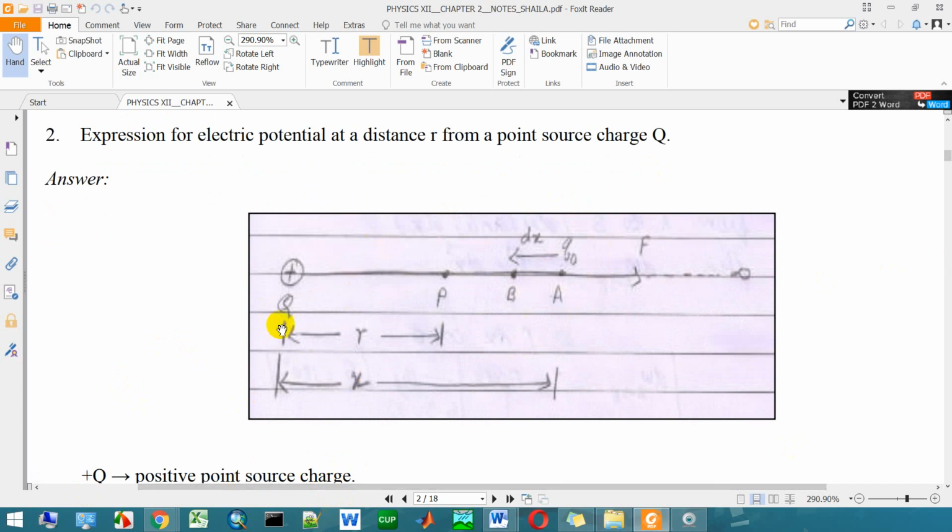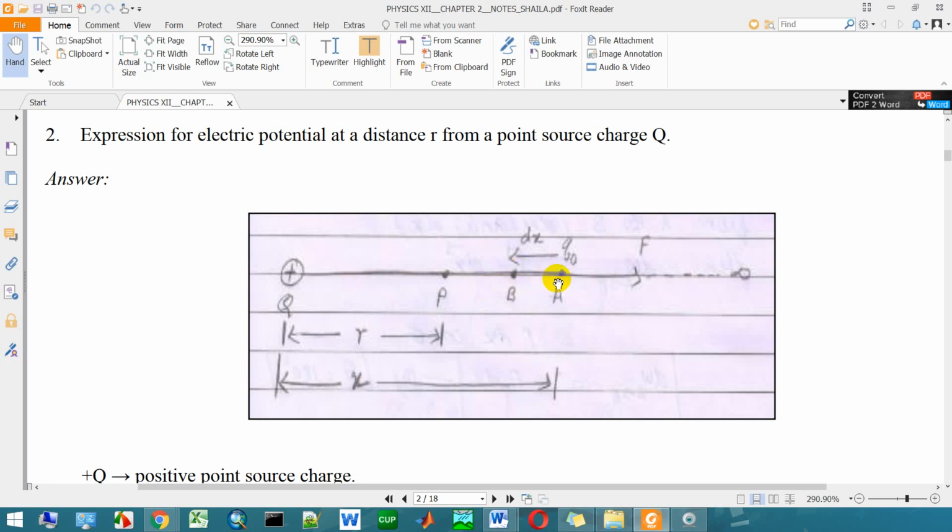All the parameters: capital Q, the source charge; point P, where we have to find the potential in terms of the source charge; and the two points A and B. The distance of point A from the source charge is x, and the distance between A and B is dx.